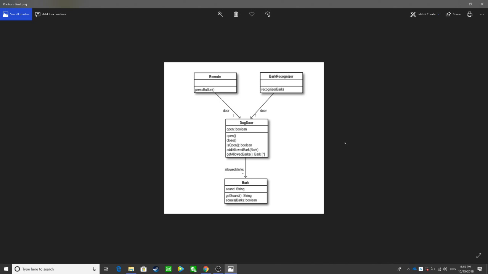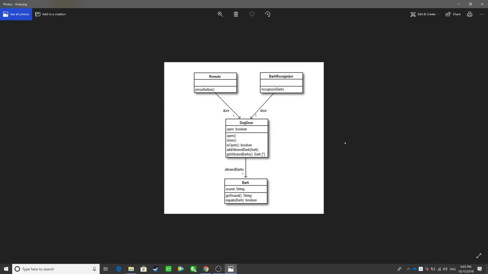Association means these two classes are somehow associated. And upon the association you can add more information, like the numbers there. That means the relations, like a one-to-one relation, like one remote has one dog door.